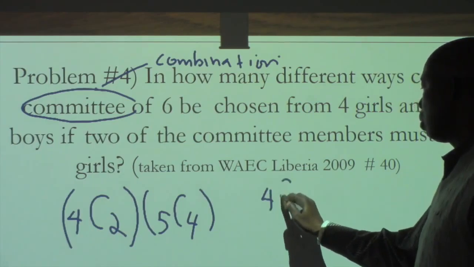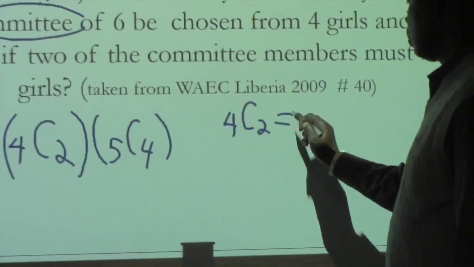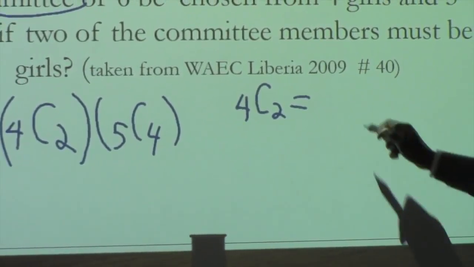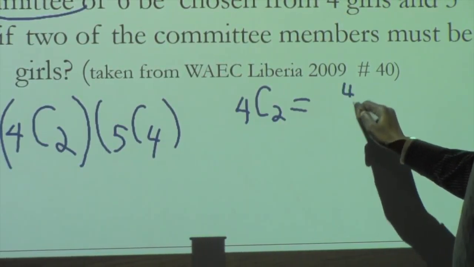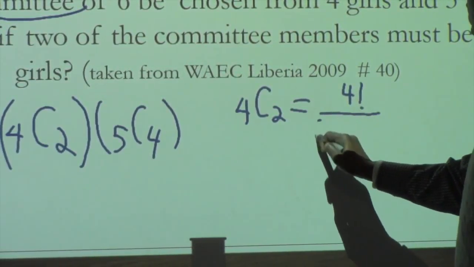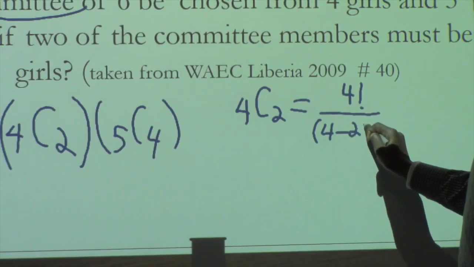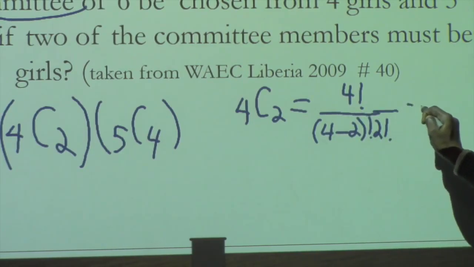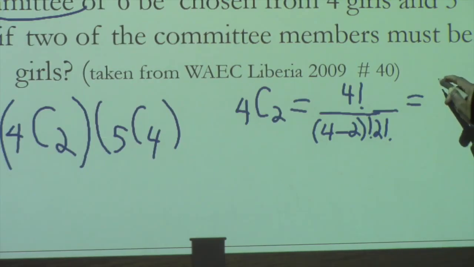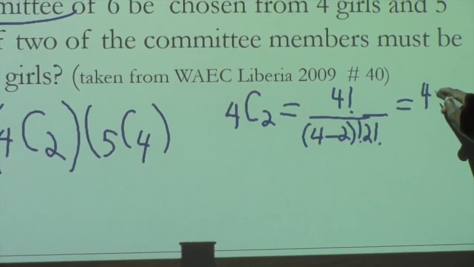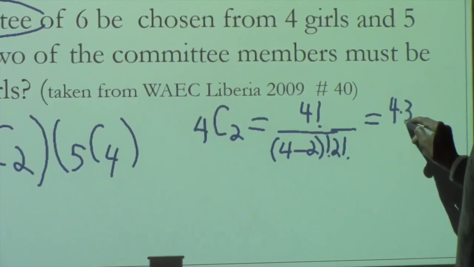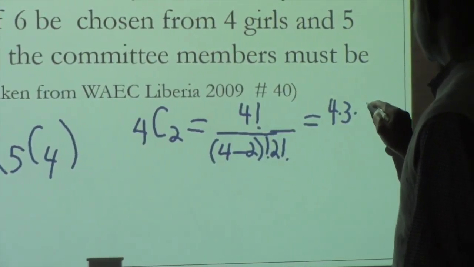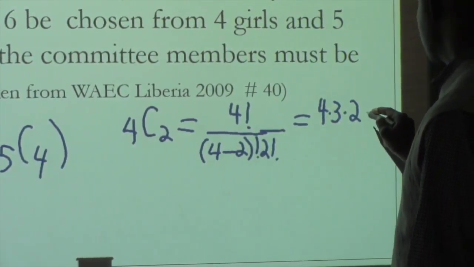Let's compute 4C2. Well, this is combination. The formula for combination says 4 factorial over 4 minus 2 factorial times 2 factorial. So 4 factorial would be 4 times 3 times 2 factorial.